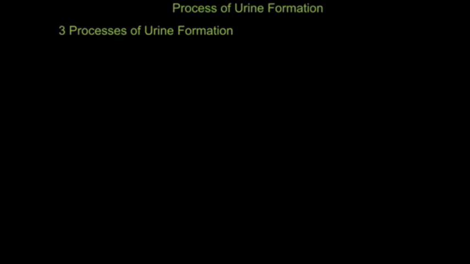There are 3 processes that are involved in the formation of urine. The first process is glomerular filtration, which is a separation of smaller substances in the plasma, such as glucose, amino acids, ions, and water, from larger substances in the plasma, such as platelets, white blood cells, red blood cells, and proteins.